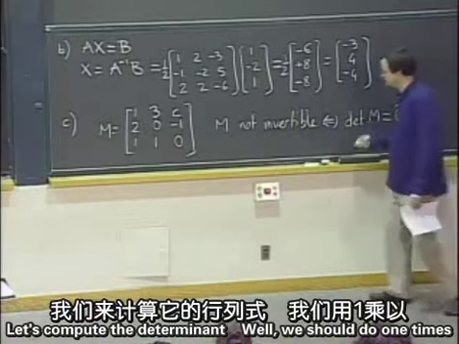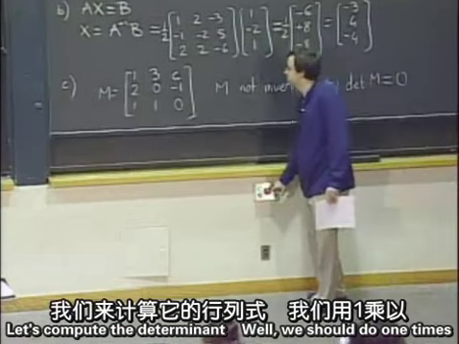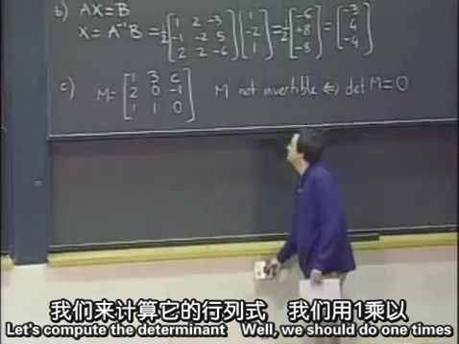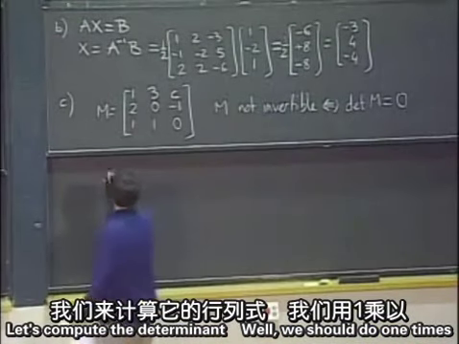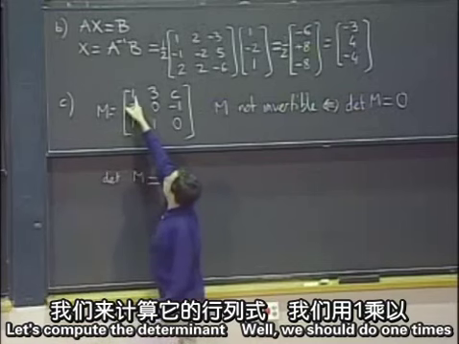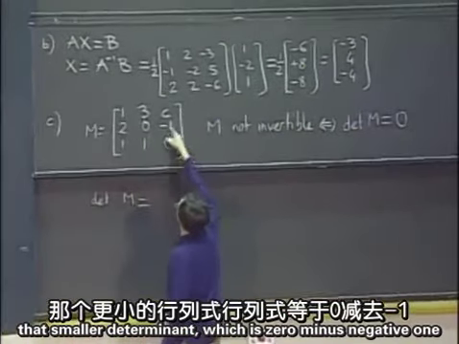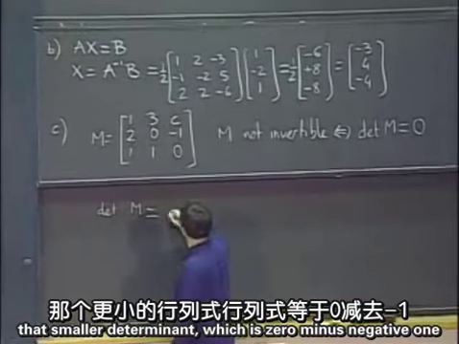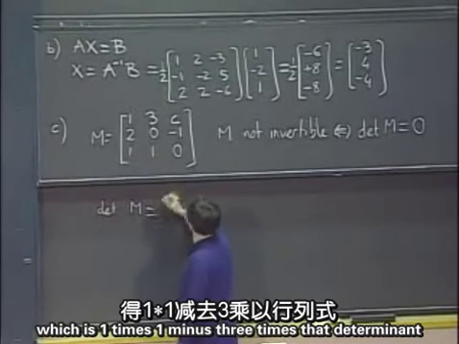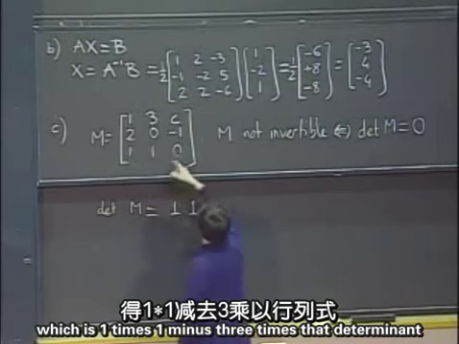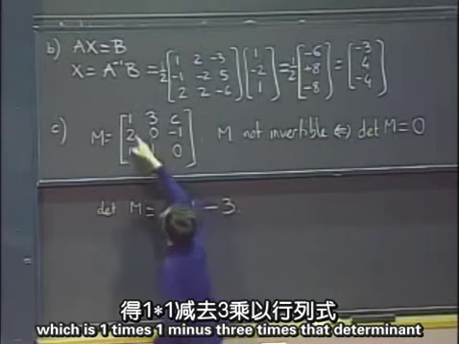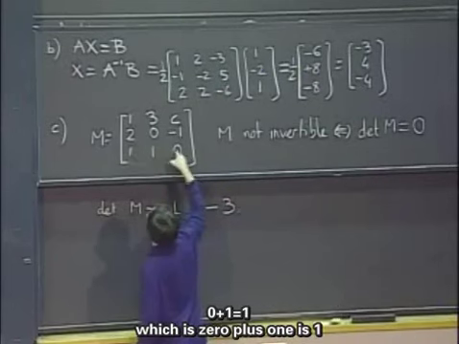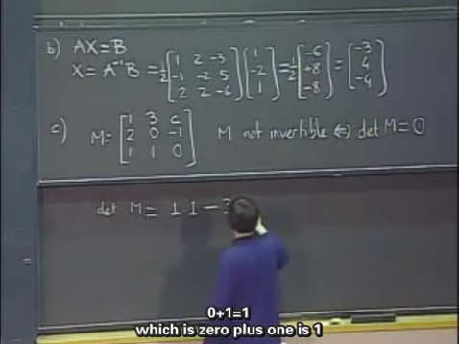So let's compute the determinant. We should do 1 times that smaller determinant, which is 0 minus negative 1, so 1 times 1, minus 3 times that determinant, which is 0 plus 1, so 1.